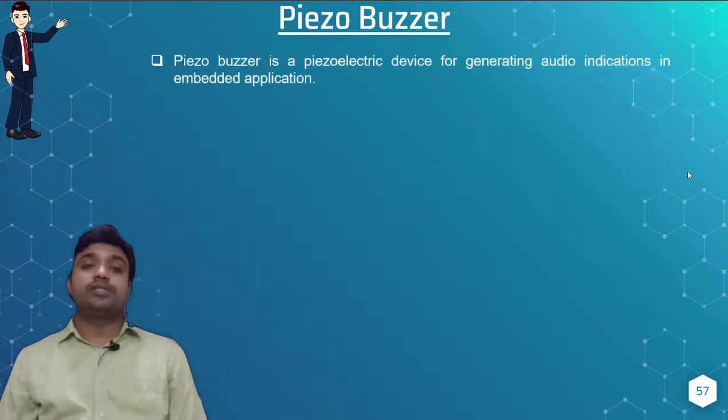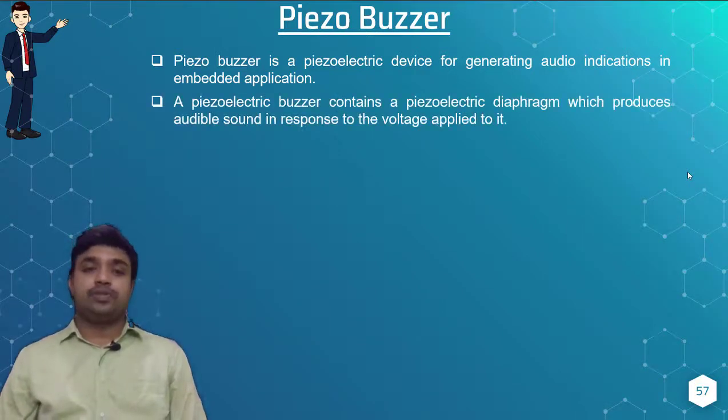Next is piezo buzzer. So what is piezo buzzer? It is a piezoelectric device for generating audio indications in embedded applications. Okay, and a piezoelectric buzzer contains a piezoelectric diaphragm which produces audible sound in response to the voltage applied to it.